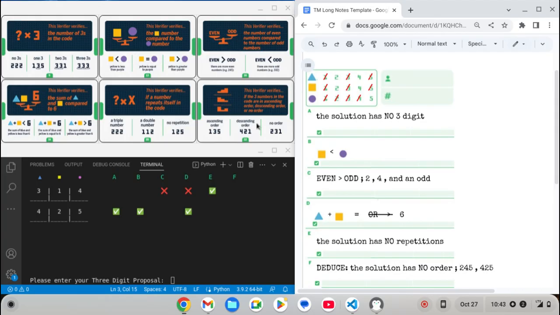So for that fact, I am going to choose 425 as a solution. So let me go ahead and cross out the 245, and so I'm saying that the solution should be 425 based on that deduction.